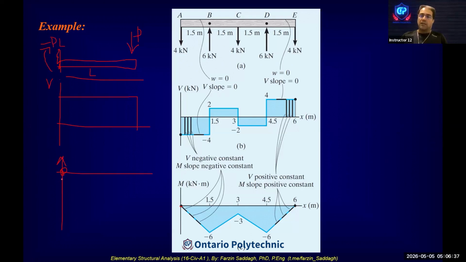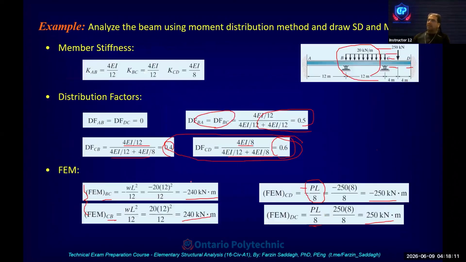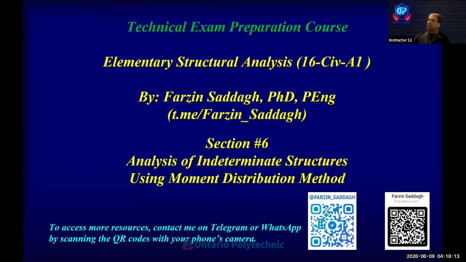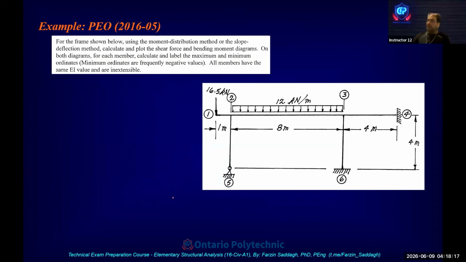But always you start from this value, then because you have a concentrated moment minus PL, you have a jump to minus PL at the end of this section, and actually expanding this method for other elements.